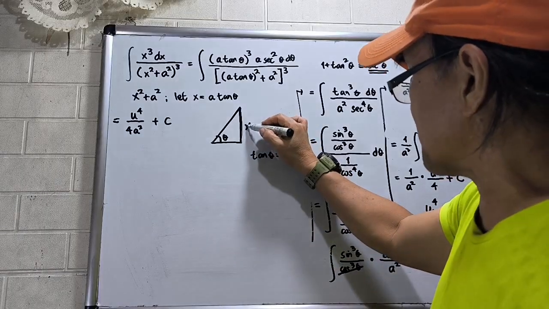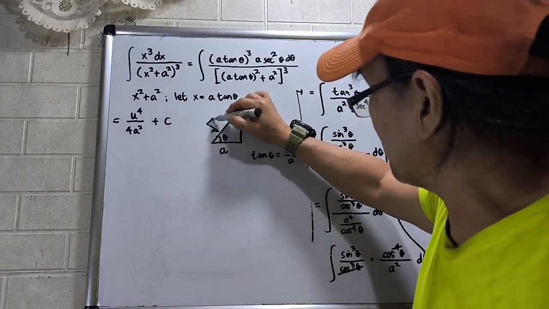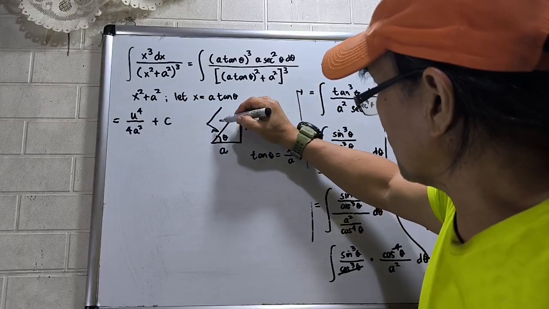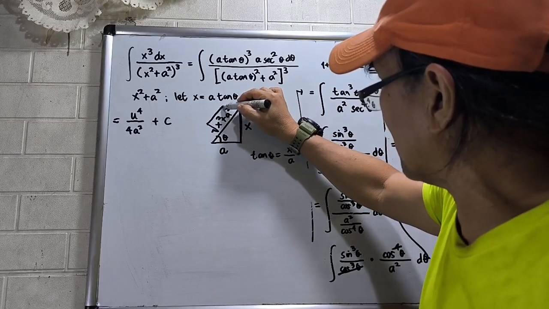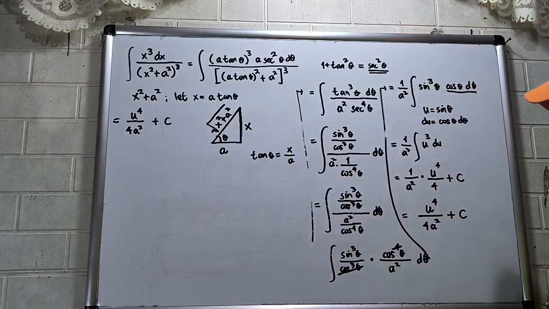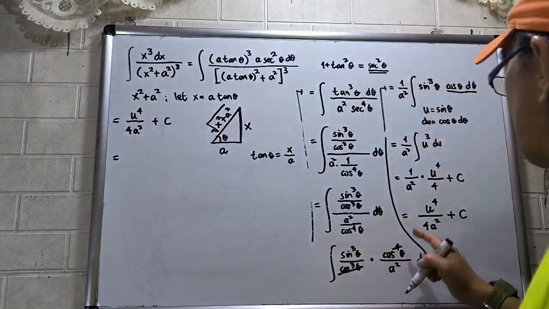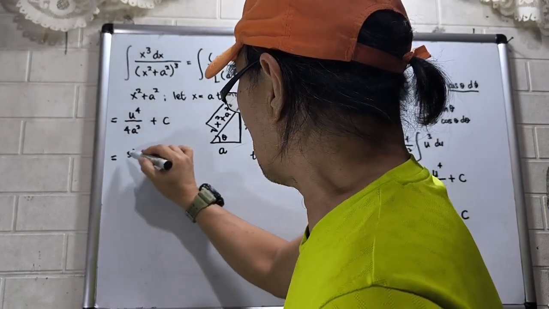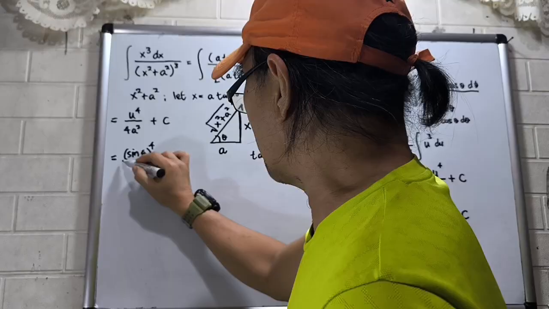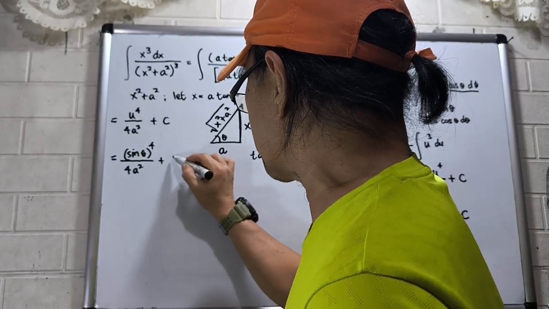So opposite is x, then this will be a. Now the hypotenuse will be the square root of x squared plus a squared. Okay, that's the hypotenuse. Then where's my u? Sine. So this will be sine theta to the fourth, then over 4a squared plus c.